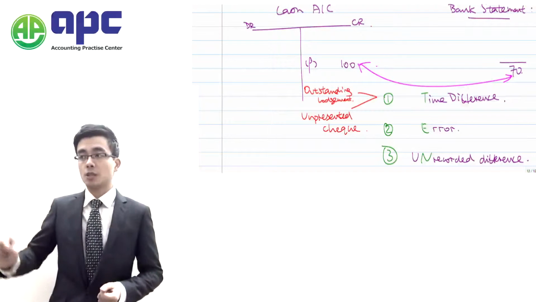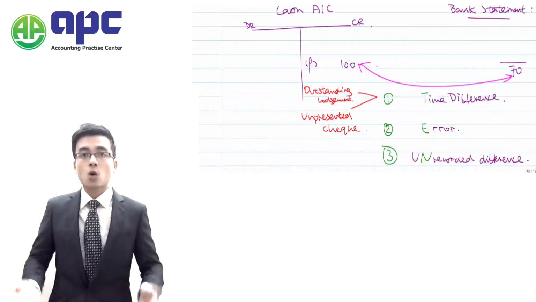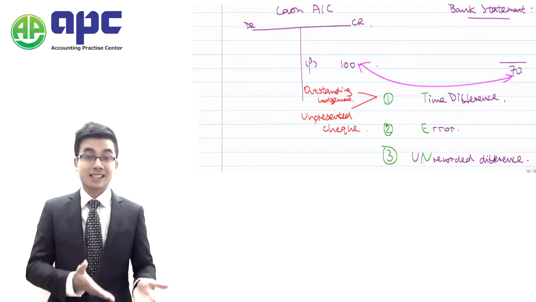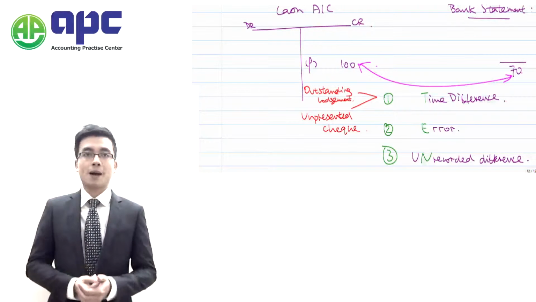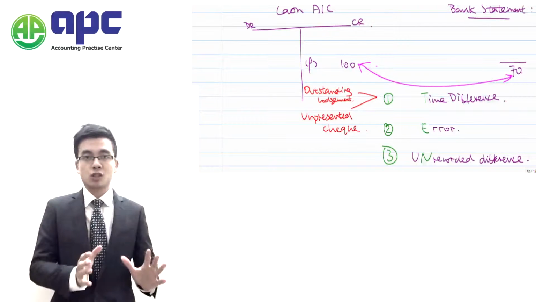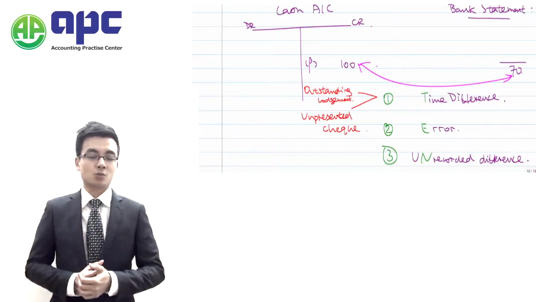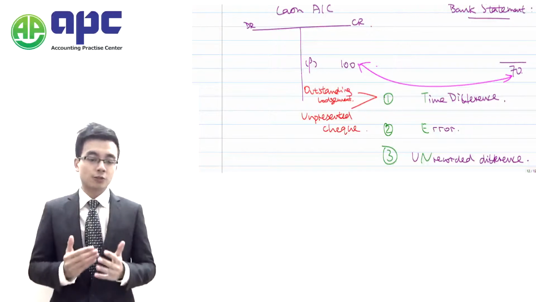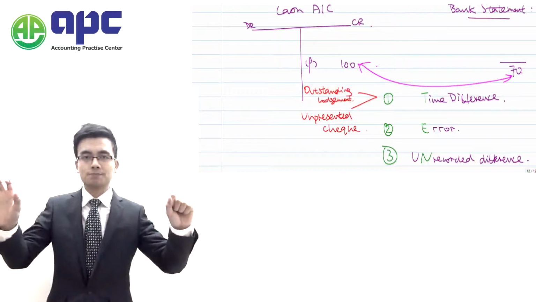But because the bank has deducted it, maybe we haven't updated the records in our cash account because the bank hasn't told us about that particular issue. So we need to adjust our cash account in order to show that amount as well. So those are the 3 reasons why the 100 may be different from the 70.